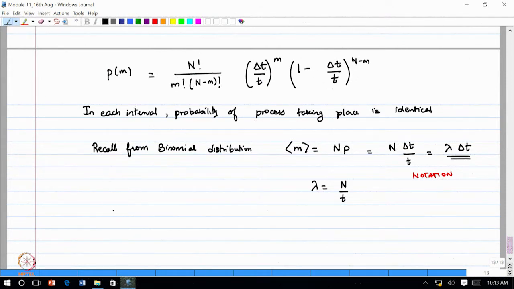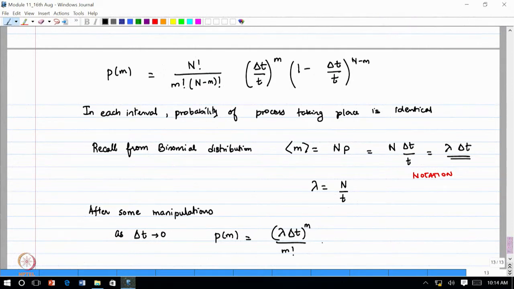After some manipulations we can show that as delta t tends to 0, as this interval becomes very small, p of m can be written in the following form: lambda delta t raised to m divided by m factorial times e to the minus lambda delta t.